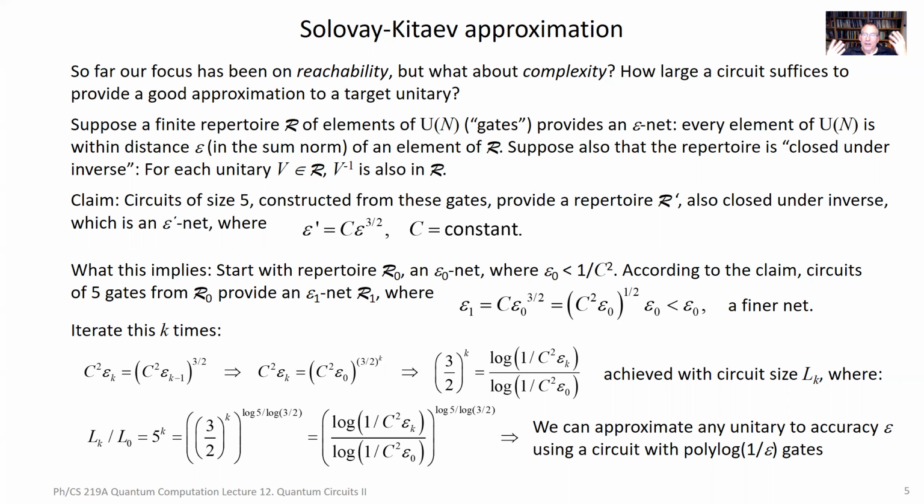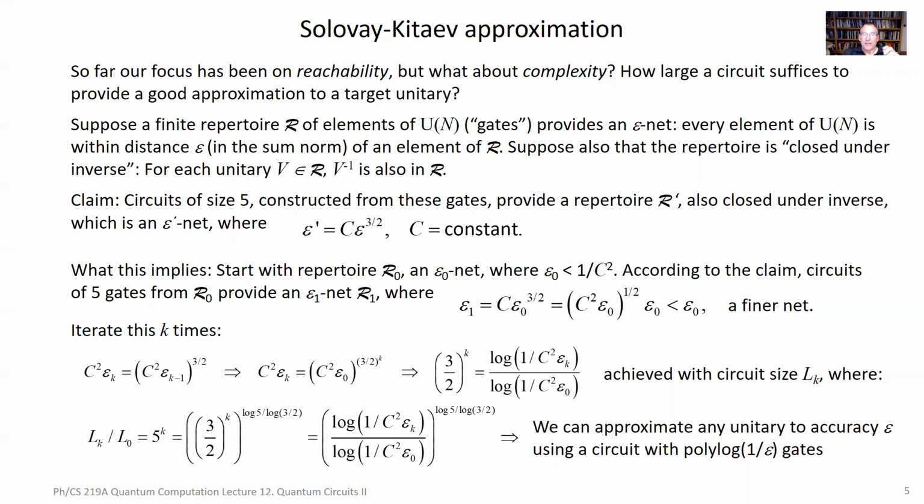Those circuits I'll call a new repertoire, R prime. These will also be closed under inverse, if the original ones were. I guess that's clear, because since I have inverses of all of the gates, I also have inverses of all of the circuits of such gates of size 5.